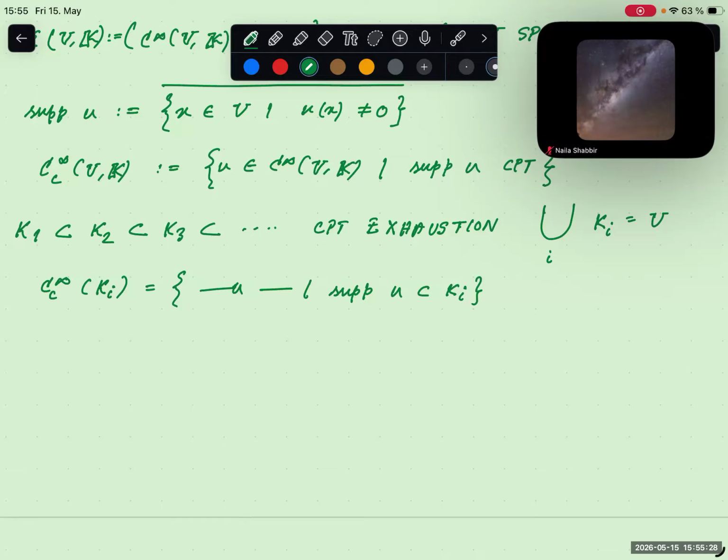So in a way, we know it's compactly supported. Of course, this we know by definition, but we also know where.